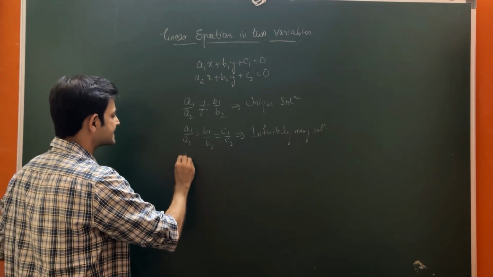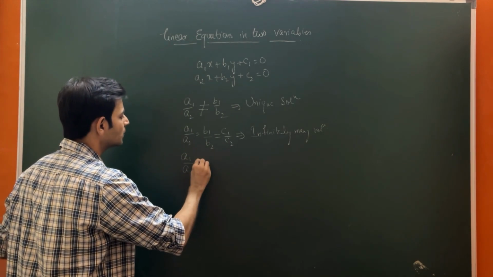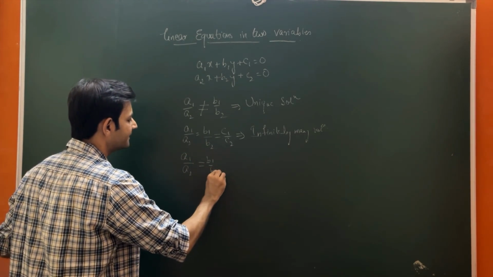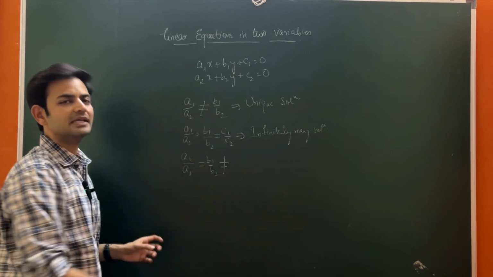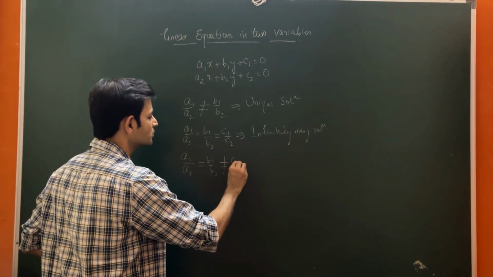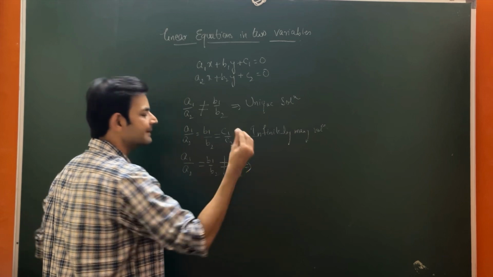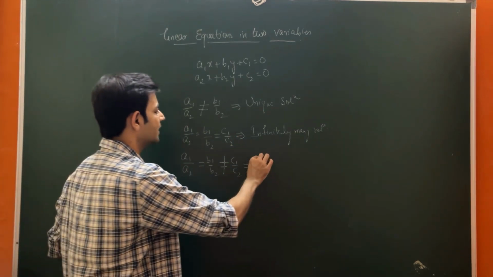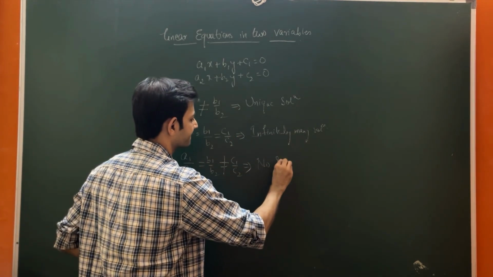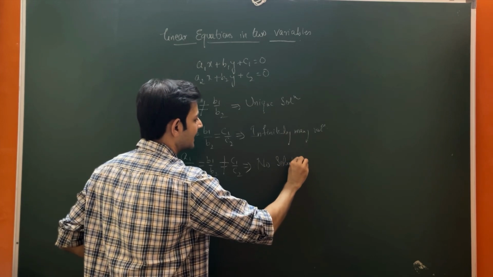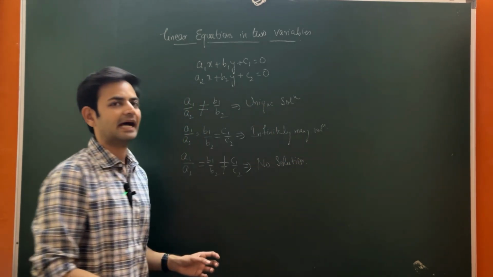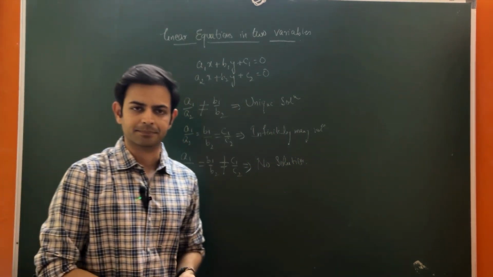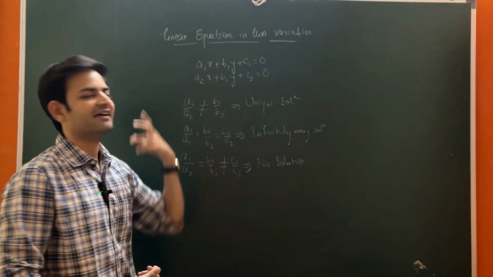Now in case a1 by a2 is equal to b1 by b2 is not equal to c1 by c2, this implies it has no solution. By no solution, we mean that if we plot on a graph paper, these lines will never intersect.